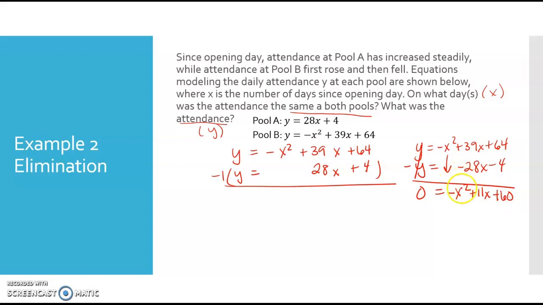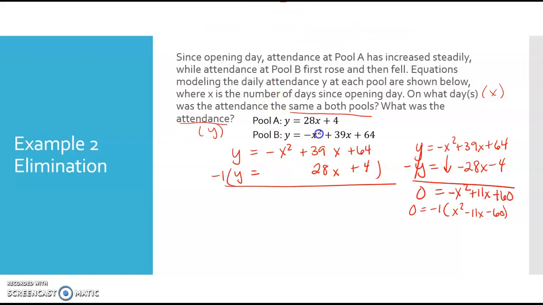Now, from here, I'm going to at least attempt to factor if I can. What I am going to do is factor out a negative real quick, so we're going to take that -1 out, so that we have x squared minus 11x minus 60. So I'm going to find myself a little scratch area.